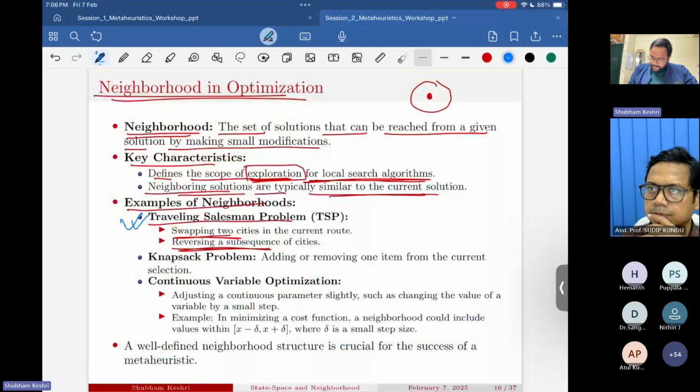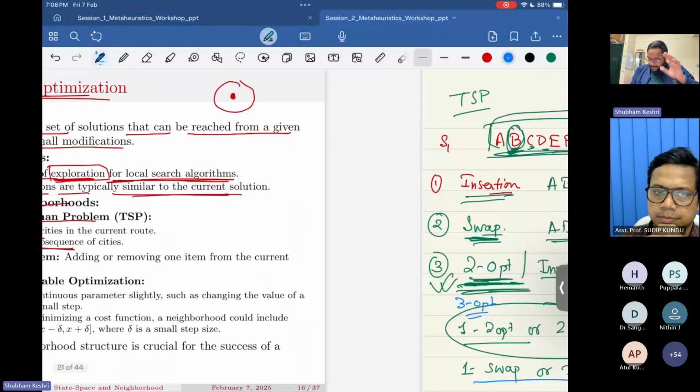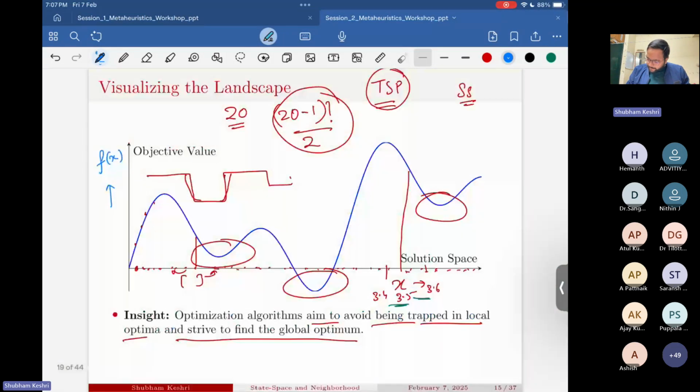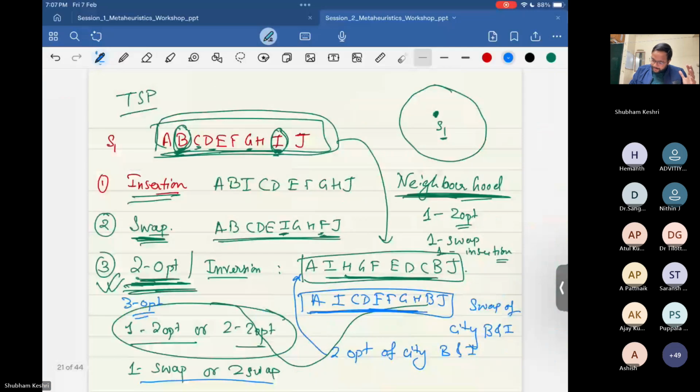Okay, so we have talked about neighborhoods. Before everything, you see what a neighbor is. What a neighbor is governs the objective function of that neighborhood, right? The way you define neighborhoods, the neighbors of 2-opt will be different from the neighbors of swap. If you are at this solution, the neighborhood using swap will be different from the neighborhood using 2-opt.